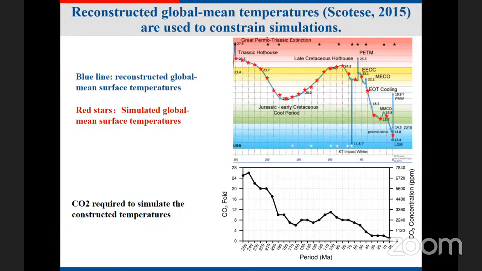Usually people would use the CO2 level to constrain the simulation. Here, instead of using CO2 concentration, we use the reconstructed global mean surface temperature to constrain our simulation. For the upper panel, we can see the blue line.